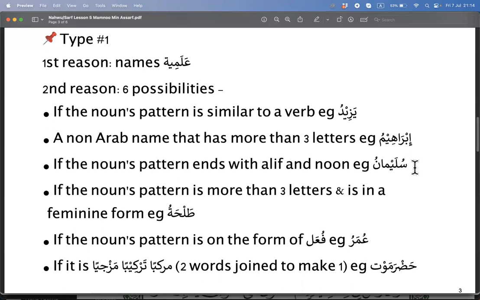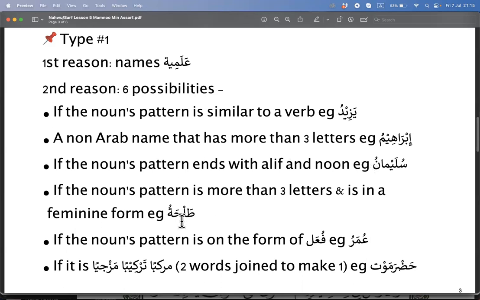Sulaiman is an example. The word Sulaiman falls under two categories. It's also a non-Arab name, but the stronger reason for it to become Mamnoo min as-Sarf is because there's an alif nun at the end.